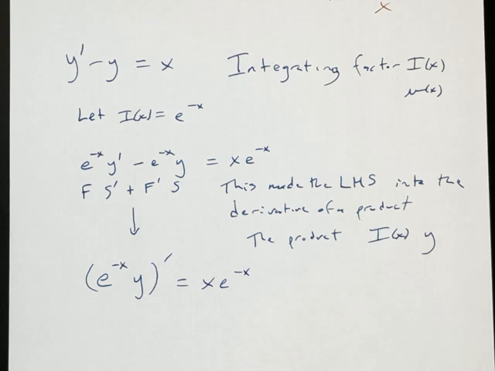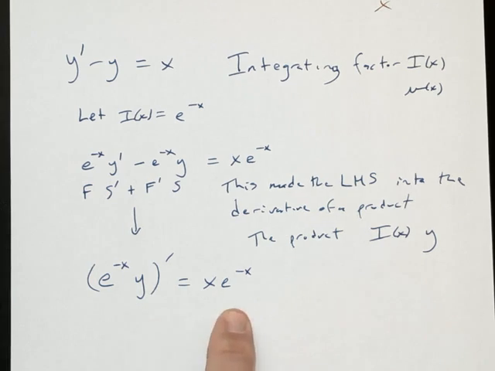I now have an equation with one derivative on one side and just stuff in x on the other side. This is the derivative with respect to x. So I'm going to integrate with respect to x to get rid of that derivative.